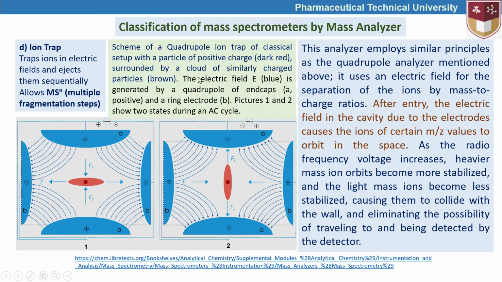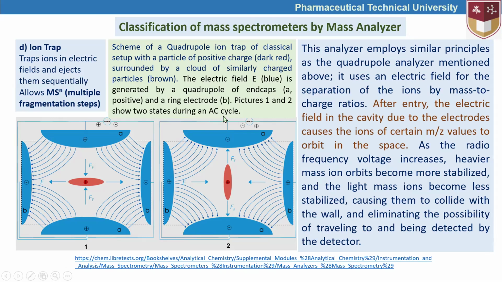And the electric field E, here is E and here is E, is generated by a quadrupole of end caps, A positive, and here B positive, A is minus, and ring electrodes.